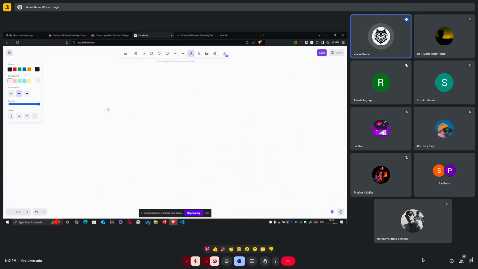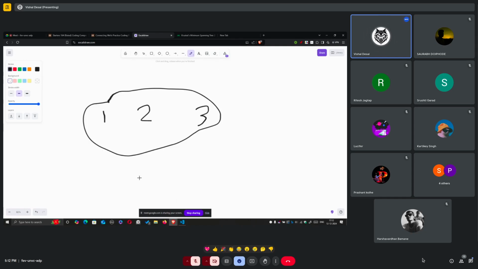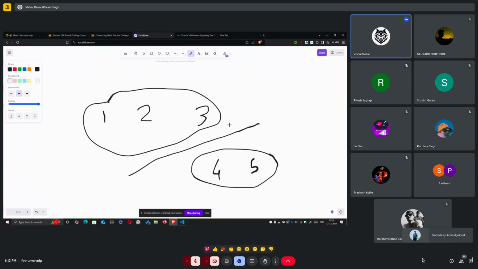Let's say this is 1, 2, 3. They all belong to a set or a component. And this is 4 and this is 5. This is another set. So these both are disjoint sets, right?